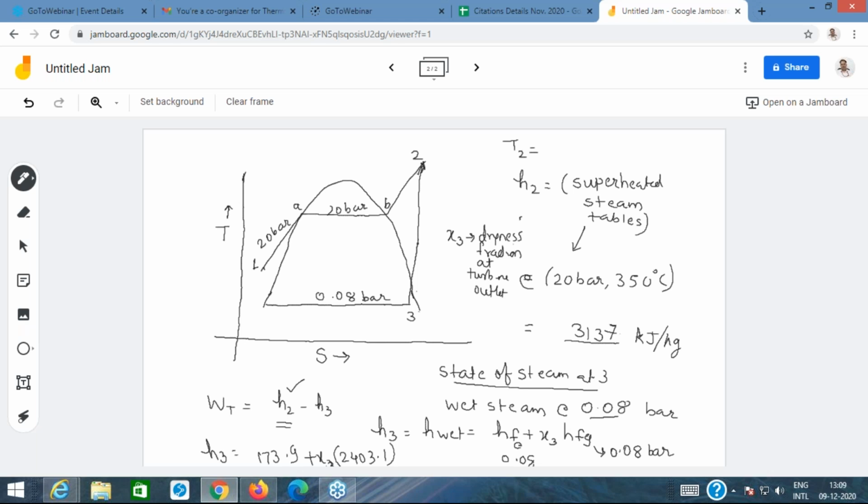Now, if I want to find H3 or the turbine work, then I need to figure out the dryness fraction at 3. Yes or no?